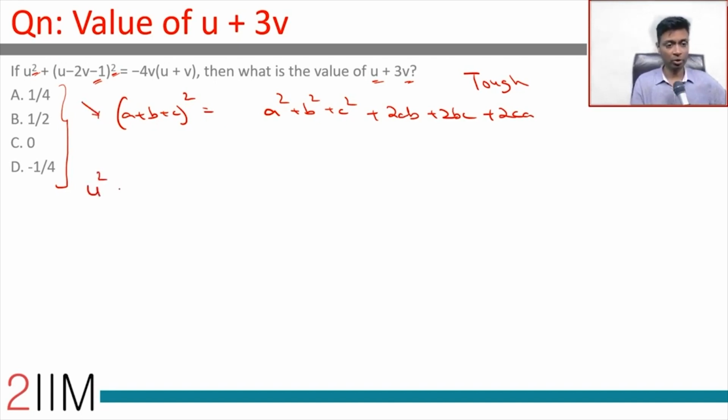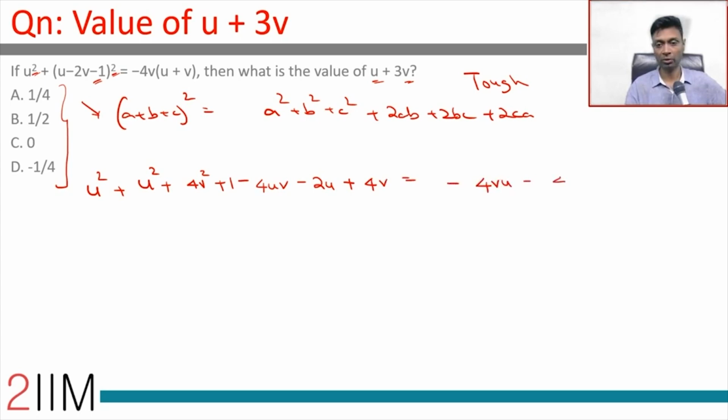The left hand side is u square plus u square plus 4v square plus 1. u into minus 2v is minus 2uv, so minus 4uv, minus 2u plus 4v equals minus 4vu minus 4v square.